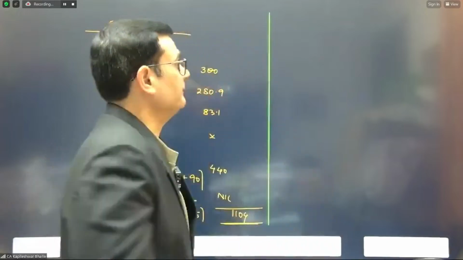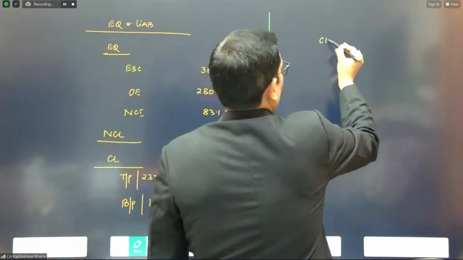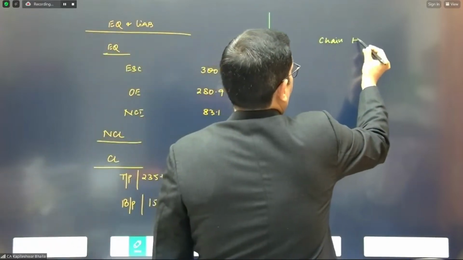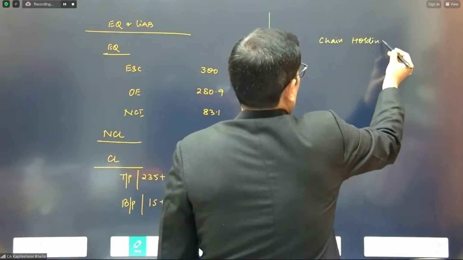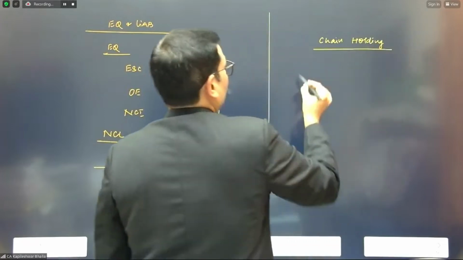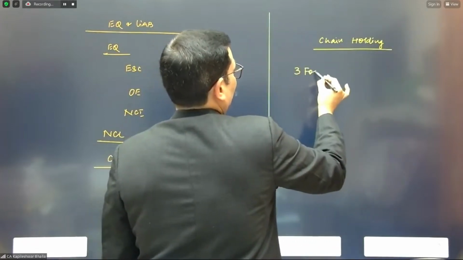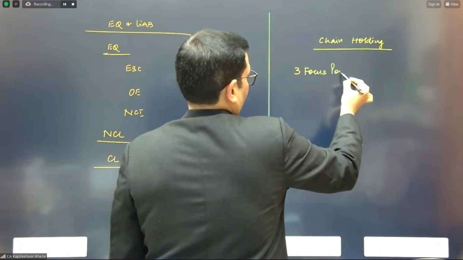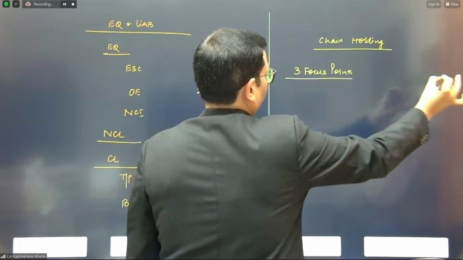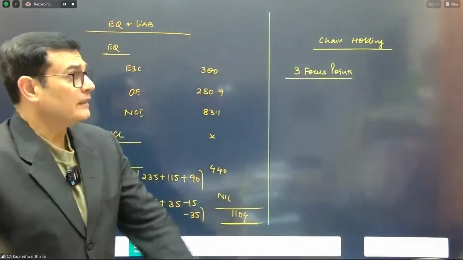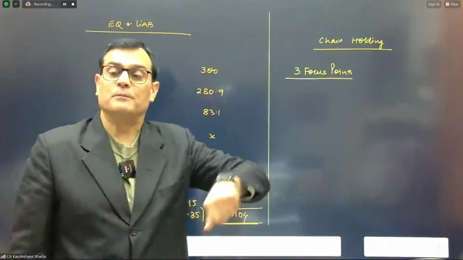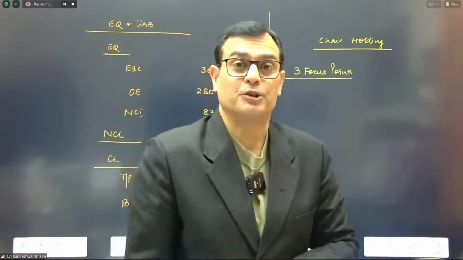So, moral of the story: when you get a question on a chain holding, what are the crucial points you need to keep in mind? And trust me, we've got 3 focus points, the crucial things you need to keep in mind when you are looking at a chain holding.